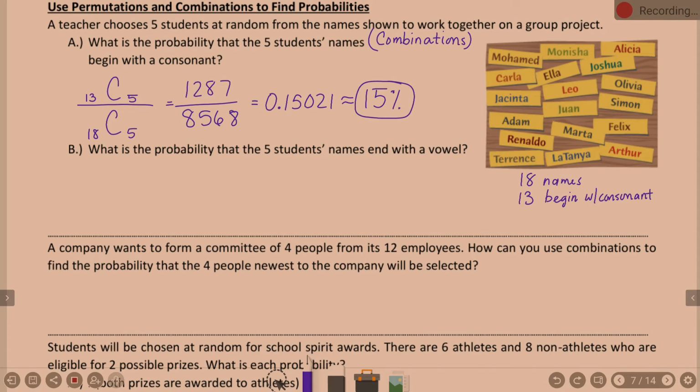We're going to try B and see if we can change it up. Same scenario on B, but this time what's the probability that the 5 students' names end with a vowel? Before I really start into the problem, I need a new number here. How many student names end with a vowel? I have 12 written down.